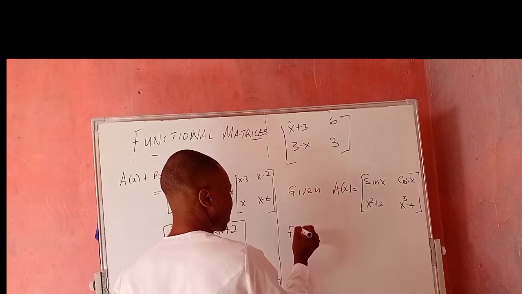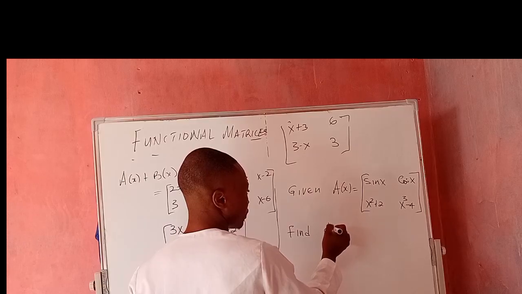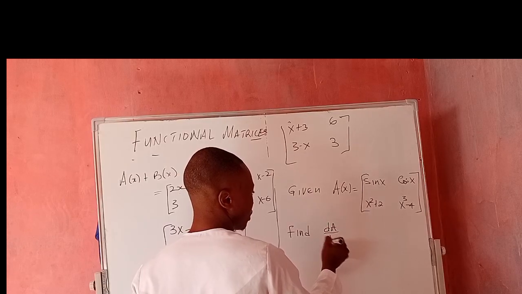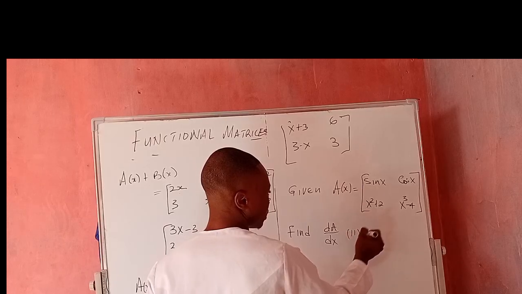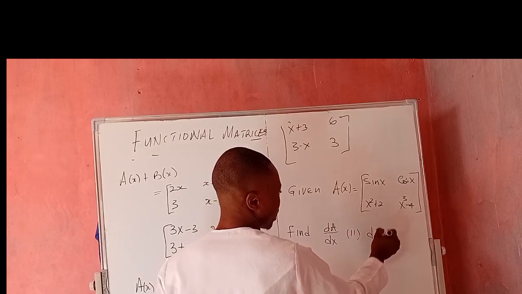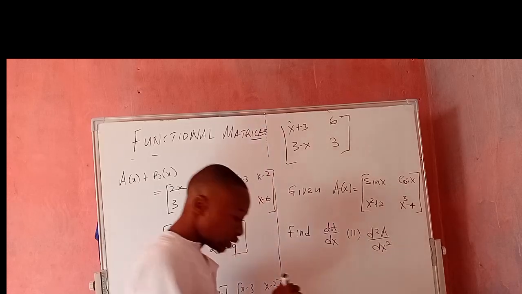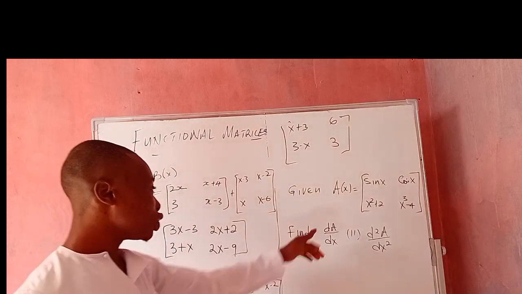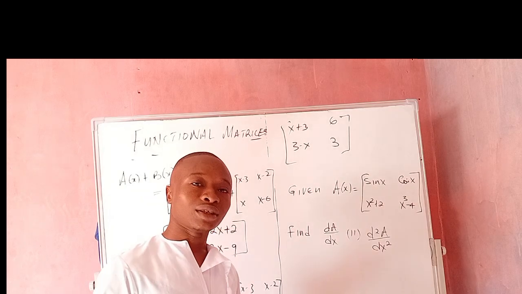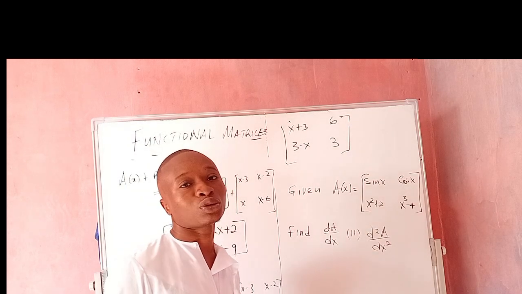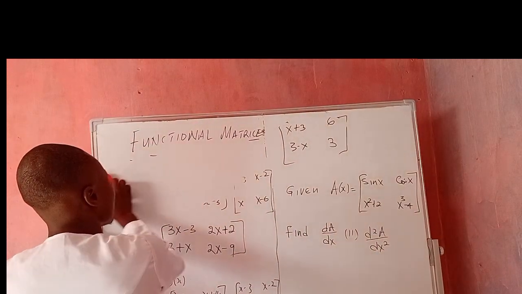So let's say we are asked to find dA dx and d square a, the second derivative. So I'm going to solve this one, then I'll leave this one for you to solve as an assignment. Then you drop your answer in the comment section. All right.